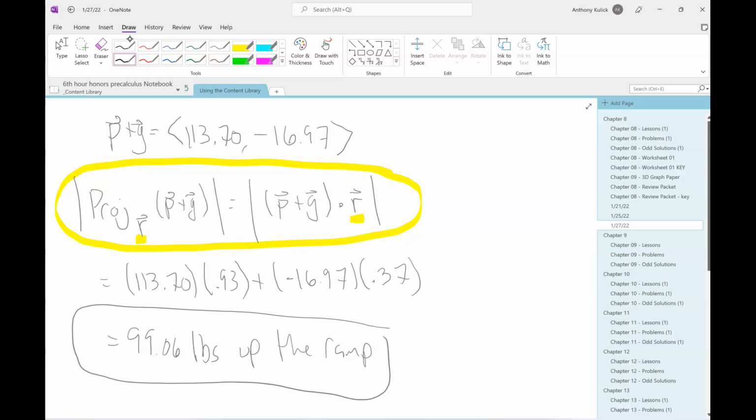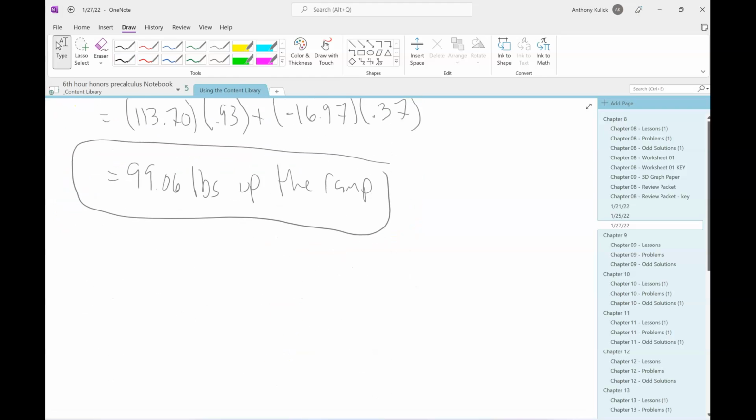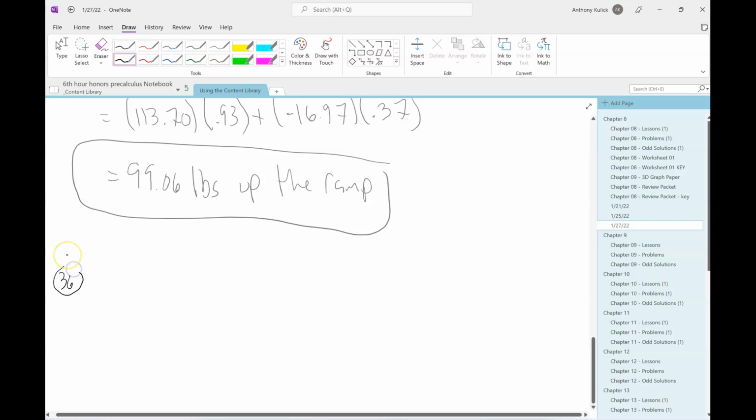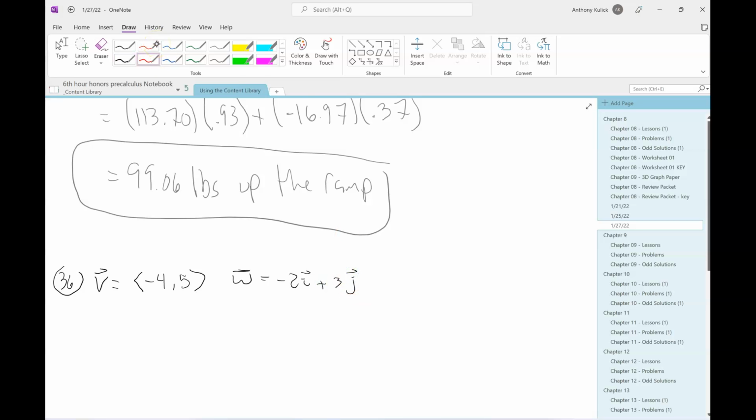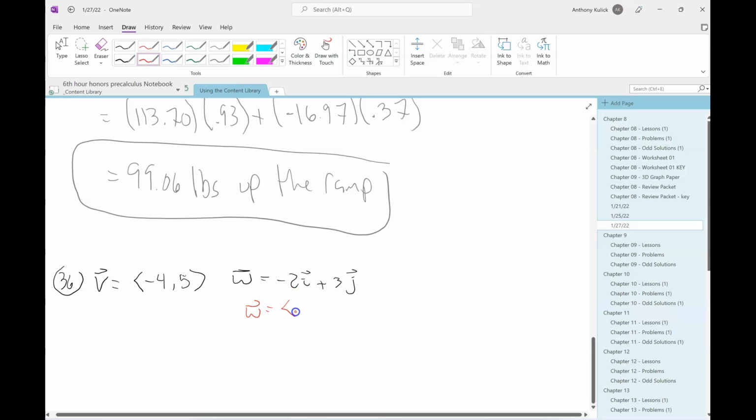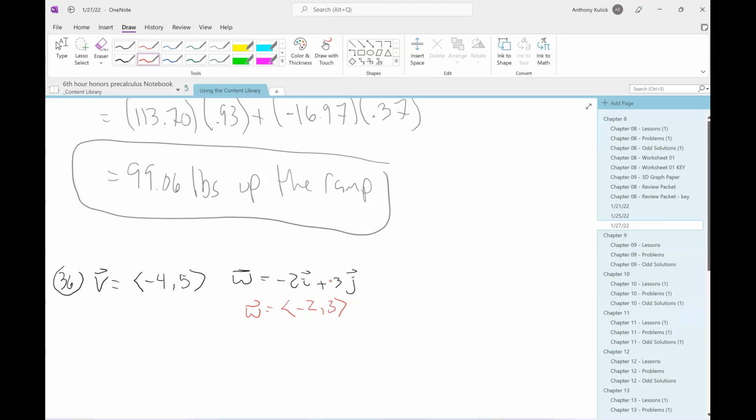Tommy? You do 36. 36 wants the angle between V and W, where V is negative 4, 5, and W is the vector negative 2i plus 3j. So I would start by converting W into component form. The coefficient on the i becomes the x component, and the coefficient on the j becomes the y component.